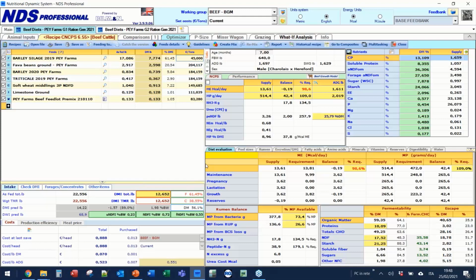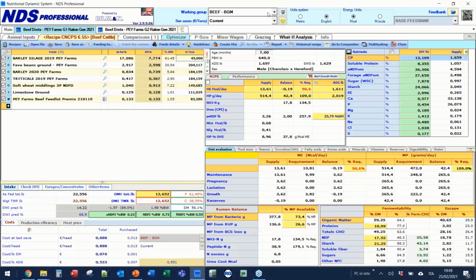So the goal we have now is to describe some basics of the CNCPS model for the beef side, and to show you some additional features that we developed within NDS.